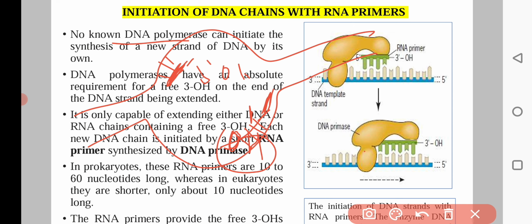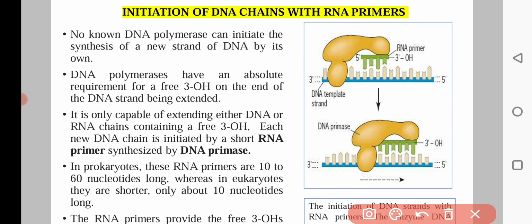It cannot start synthesizing, but it can extend only. So first of all, RNA primers get synthesized with the help of the DNA primase enzyme, because DNA polymerase cannot synthesize the new strand by itself.